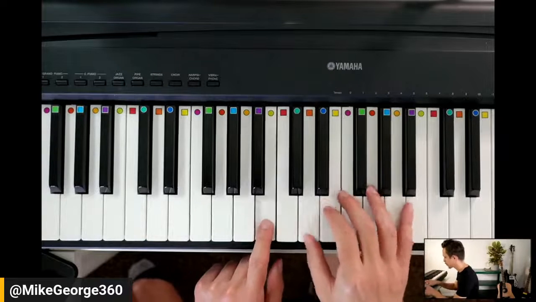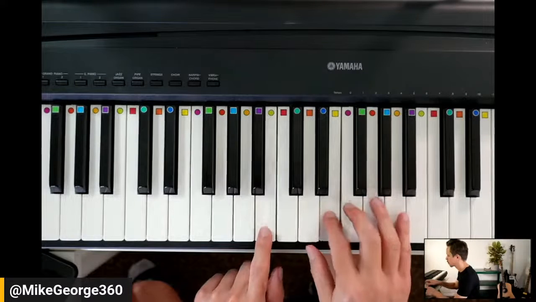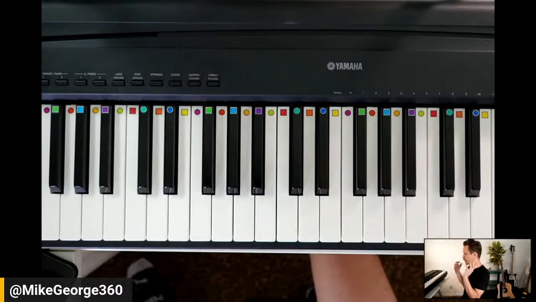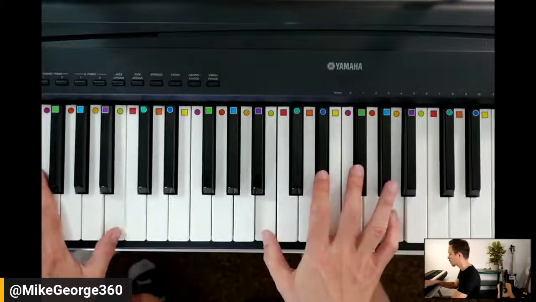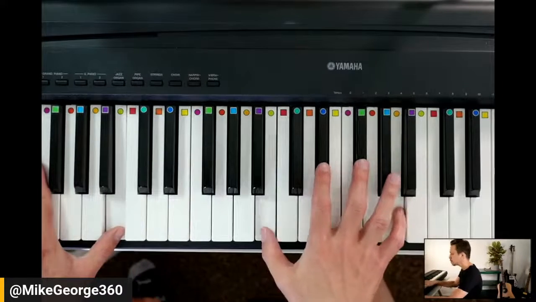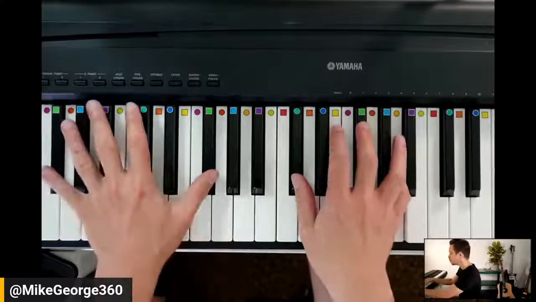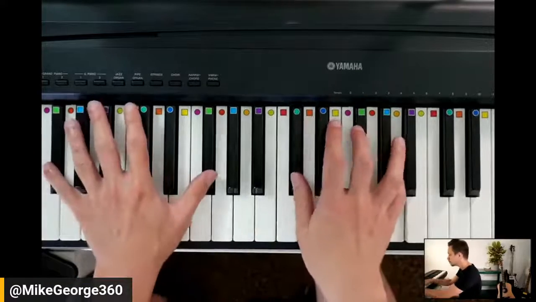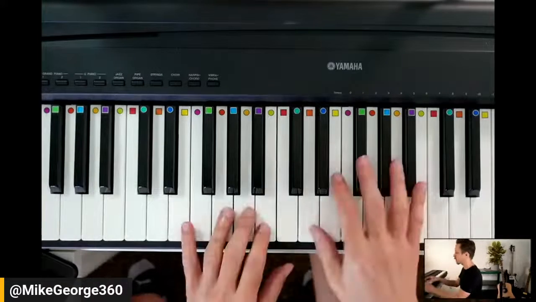And they do that a few times at the start, and then they play that, and then they get back into the.